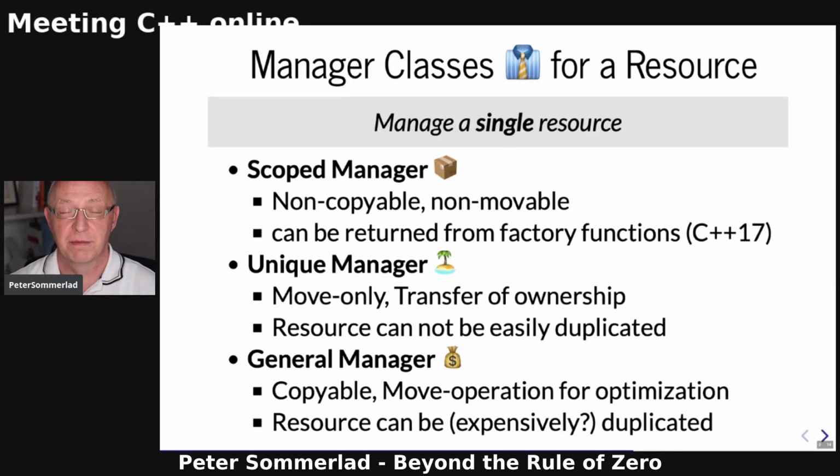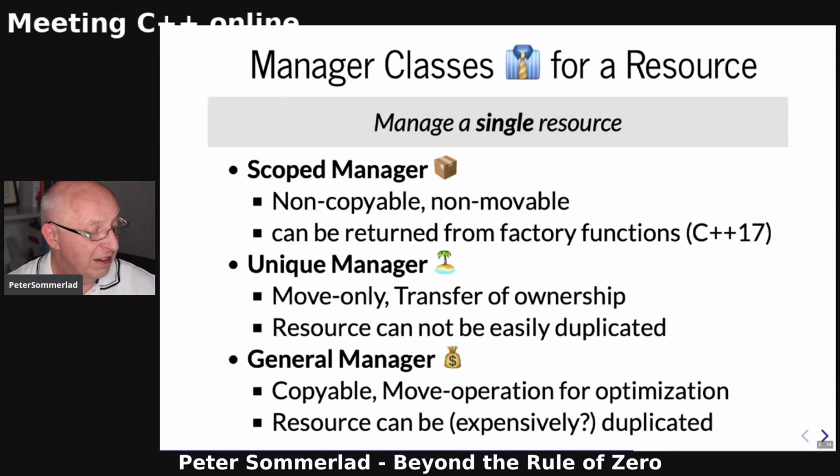One of the possible uses of move operations is that transfer of ownership semantics. This should be used for resources that cannot easily be duplicated, but where you need that transfer of ownership, because, for example, you want to put these things into a container and keep them around. That is when vector, for example, requires you to have a movable type. Otherwise, you cannot put it in a vector easily.